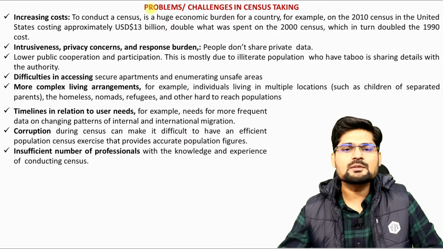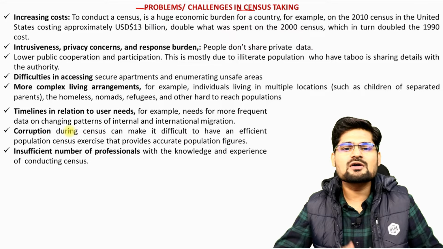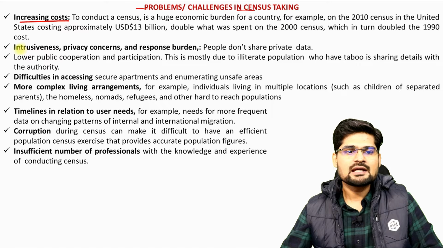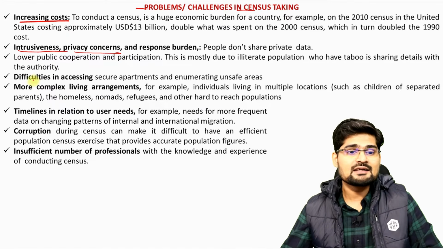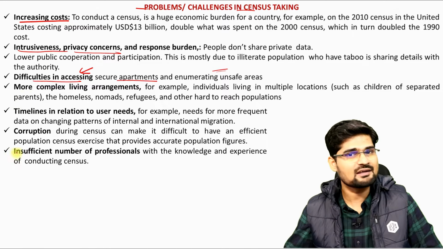Now looking into the problems and challenges in census taking, obviously for a country like India or several other populous countries in the world, the cost is too much. Intrusiveness or privacy concerns is another important issue these days. Then difficulties in accessing secure apartments and many other unsafe areas of the world.